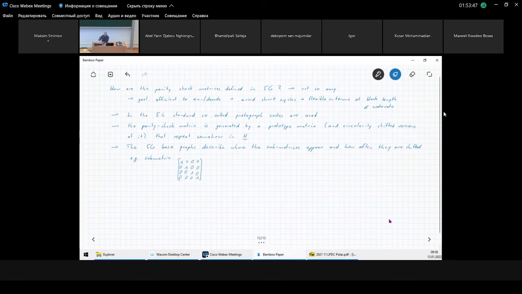So this matrix will appear somewhere in the parity check matrix, and where is defined by the base graph.